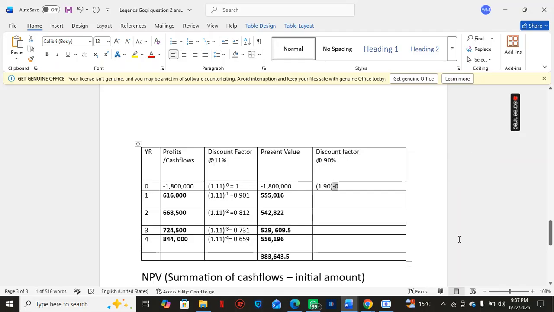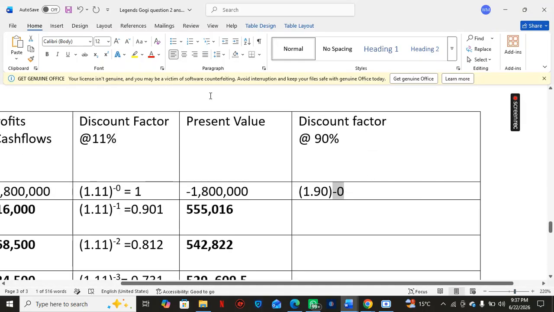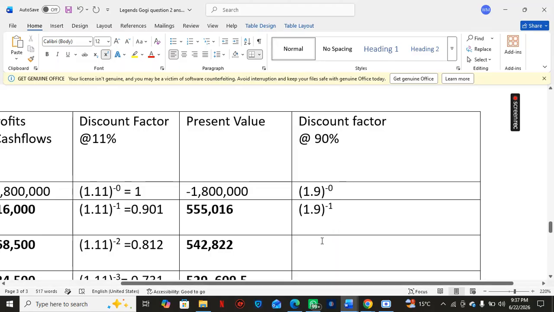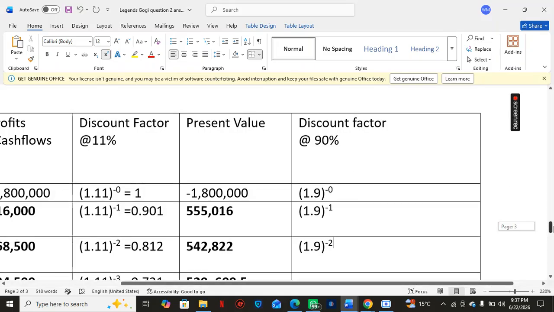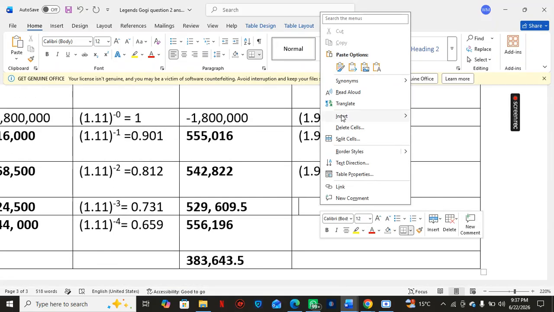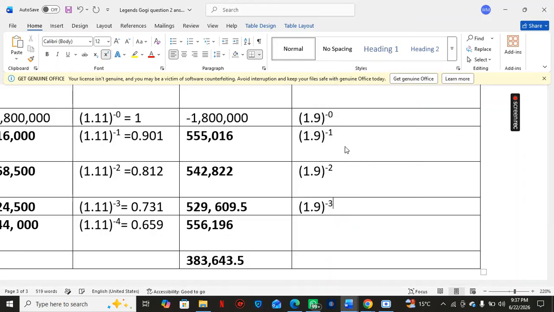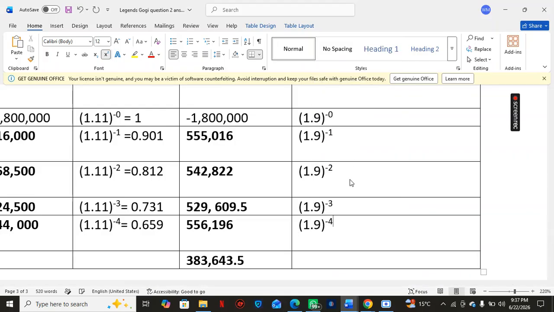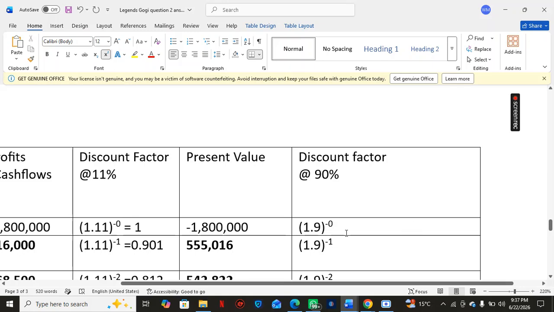Okay, so colleagues, this is where I'll need help with your calculators. So 1.9 to the power negative 1, 1.9 to the power negative 2, 1.9 to the power negative 3, 1.9 to the power negative 4. The power negative 0, we already have that one. It's always going to be 1.